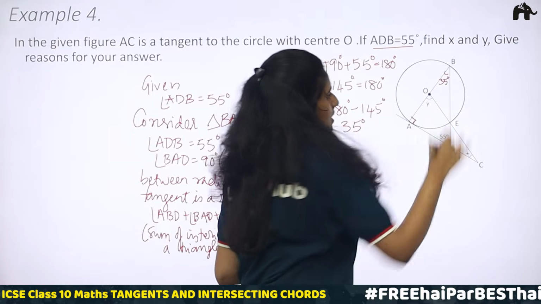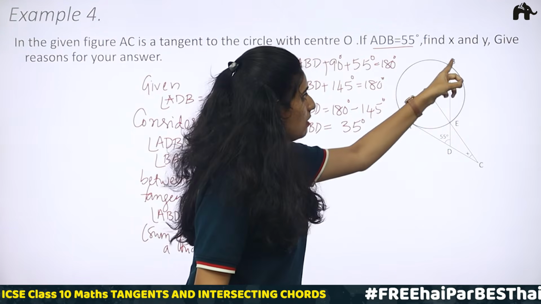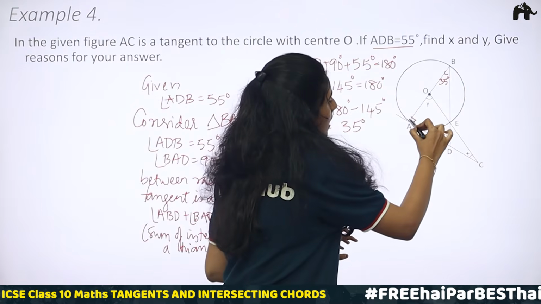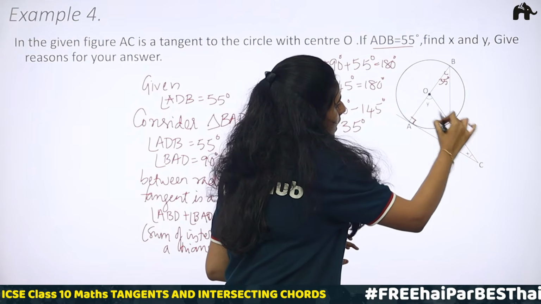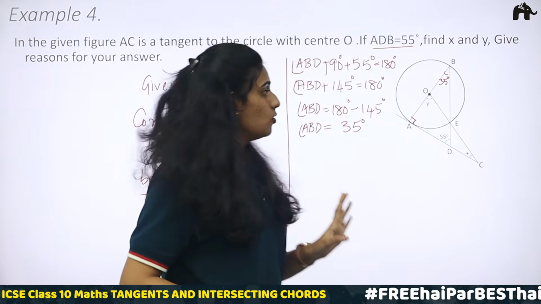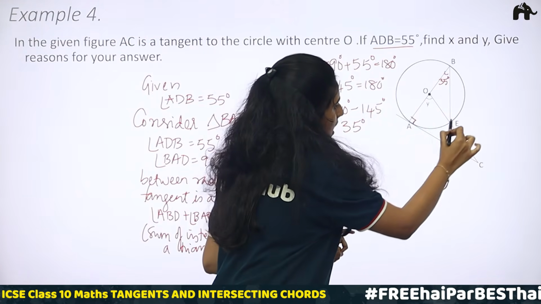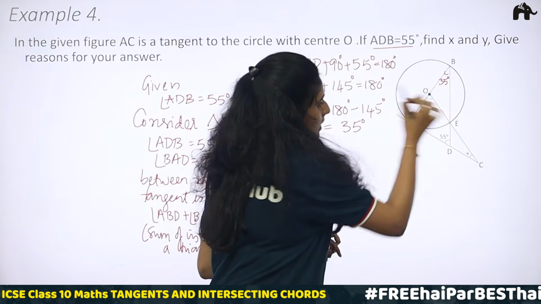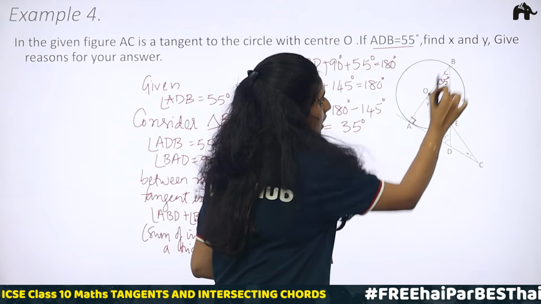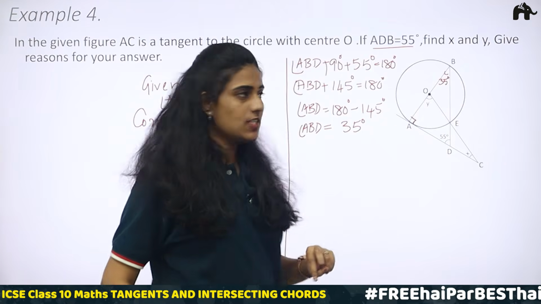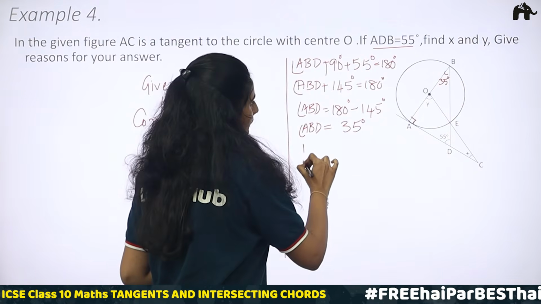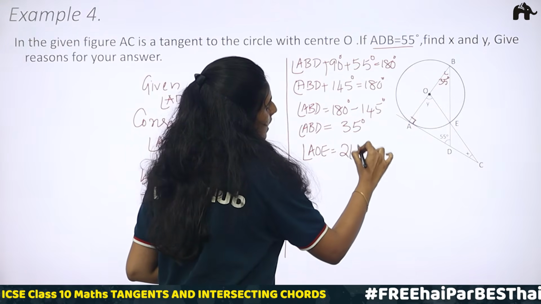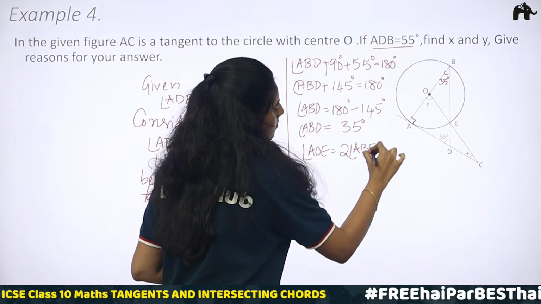So once you get ABD, we can find AOE, this angle, that is Y. What is the relation? Here arc AE subtends angle AOE at the center and angle ABE on the circumference of the circle. We have angle AOE is equal to 2 times angle ABE.